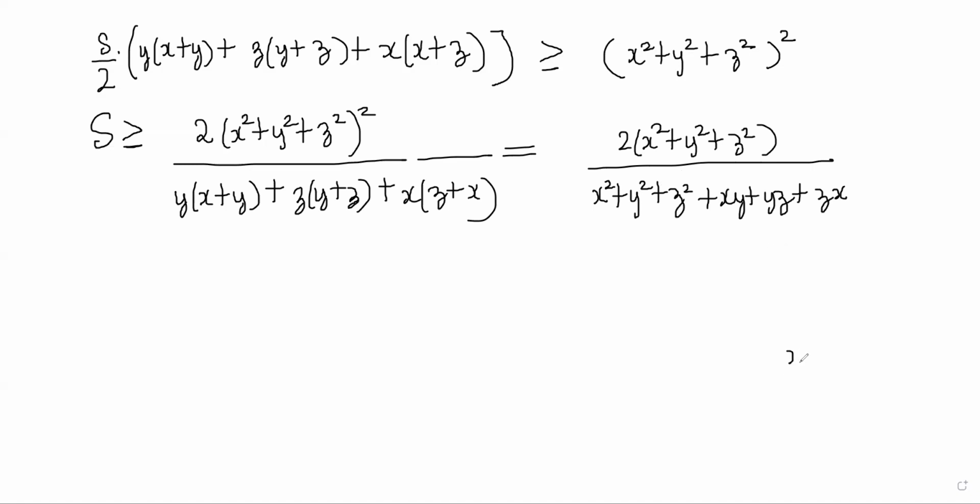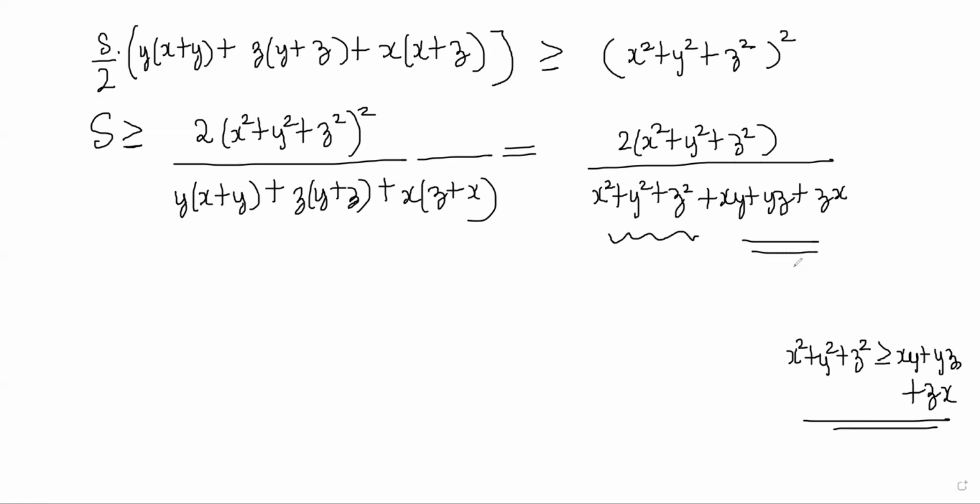Now, we know that x square plus y square plus z square is greater than or equal to xy plus yz plus zx. So the denominator here, we can make the denominator larger by replacing this as x square plus y square plus z square, right?